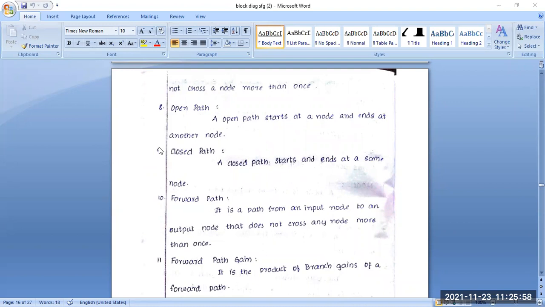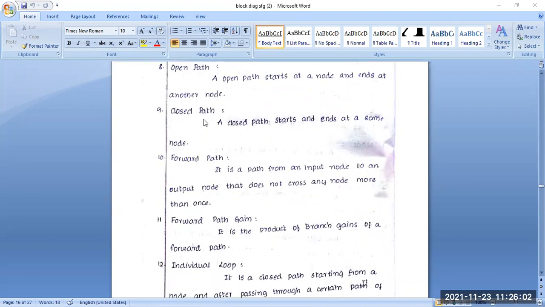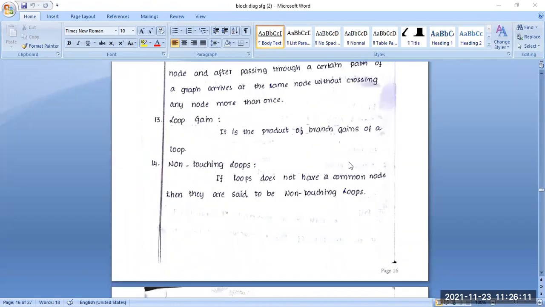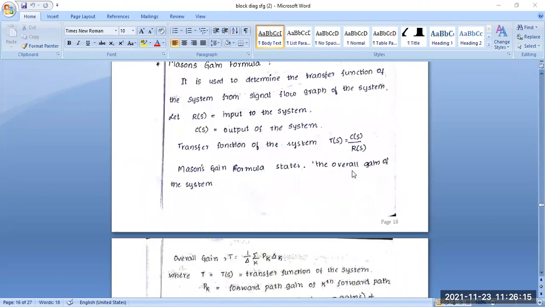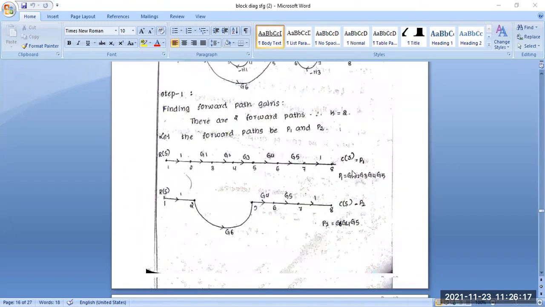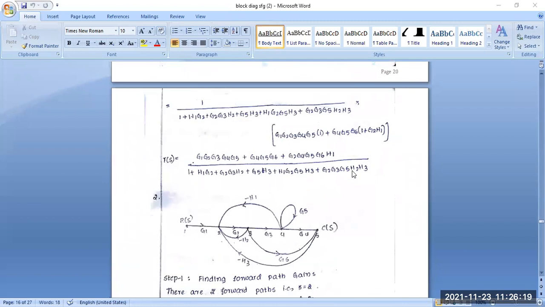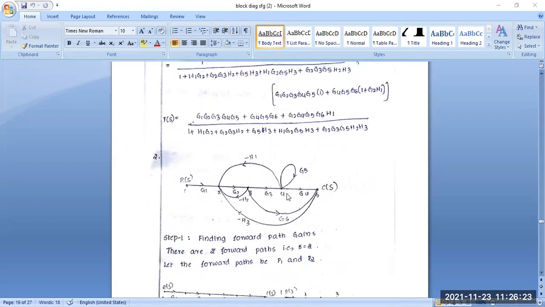Okay, next, it is another term, that is closed path. A closed path starts and ends at the same node, it is called the closed path. So in our examples, one closed path I am seeing. This is basically a closed path. Here you can see in this diagram, this is basically a node.